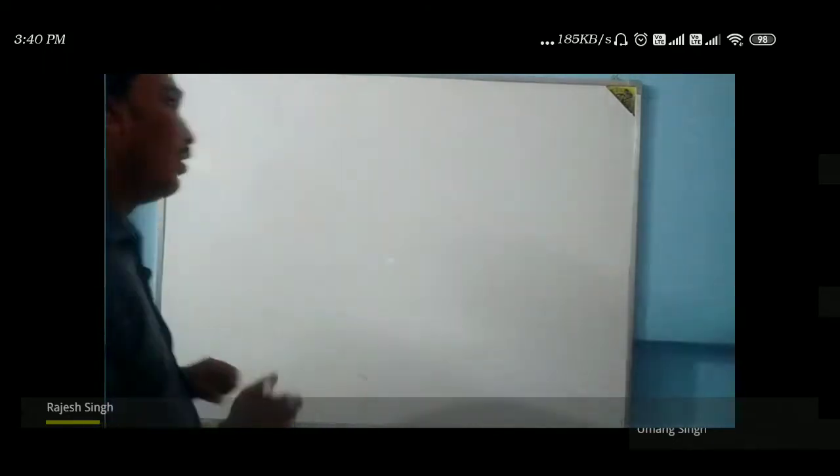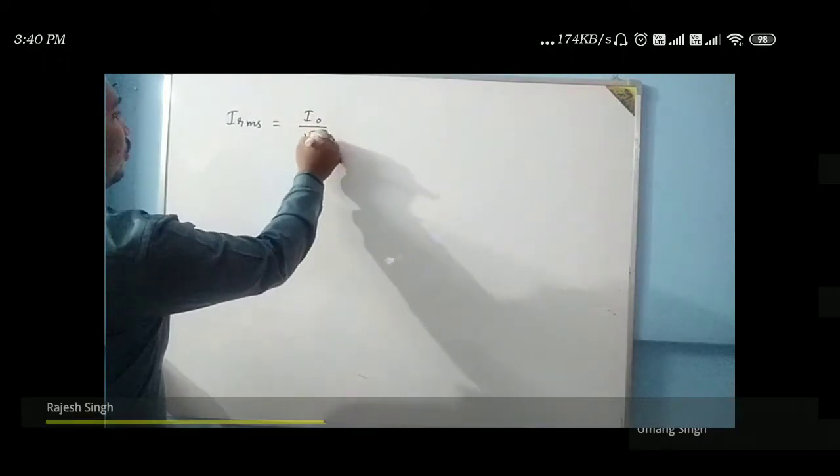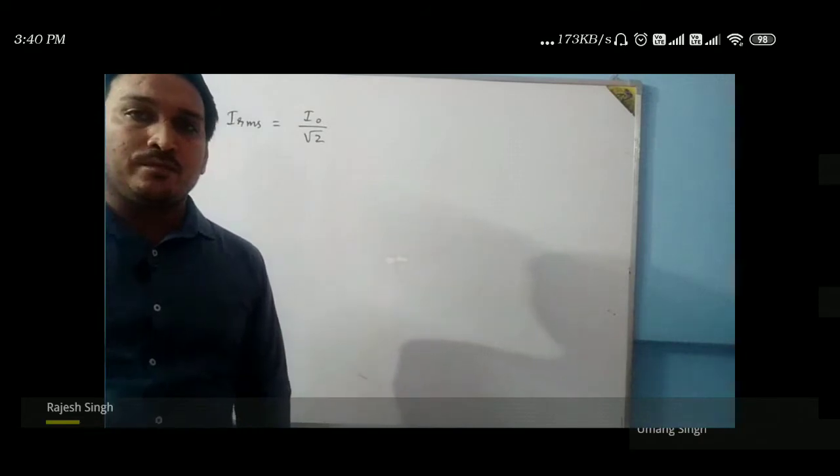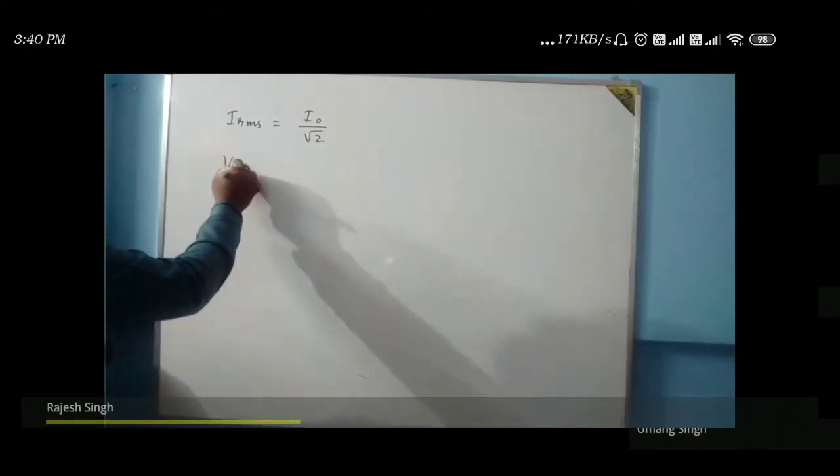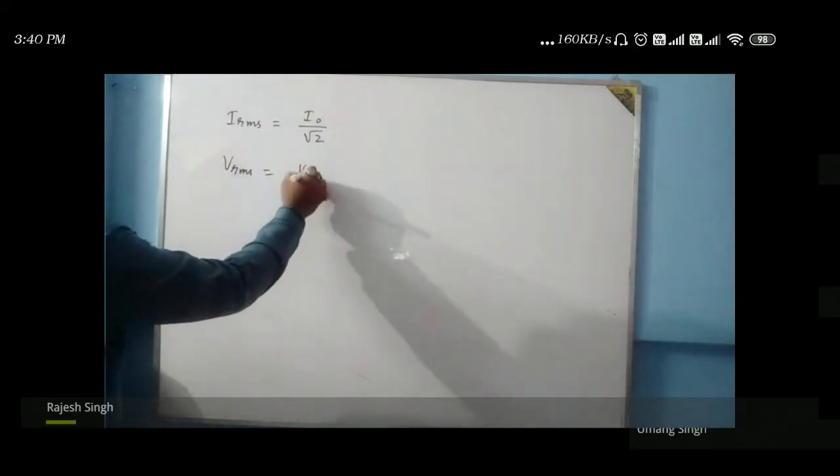As we have done, I_RMS is equal to I naught upon root 2. Same goes with RMS voltage. V_RMS is equal to V naught upon root 2.